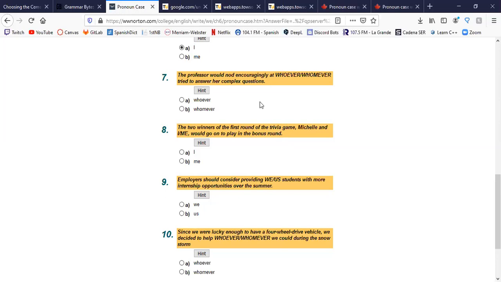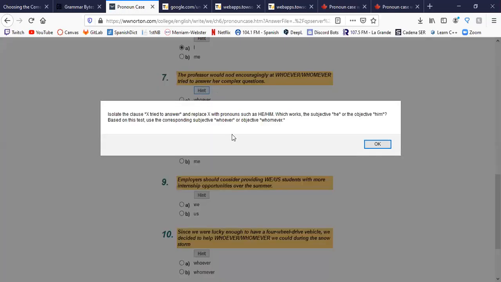Okay, so the correct answer would be, oh wait, no, I need to show the hint first, I'm sorry. So remember, this hint is speaking of a trick that I taught you guys at the very end of the last part of this lesson, the previous part.